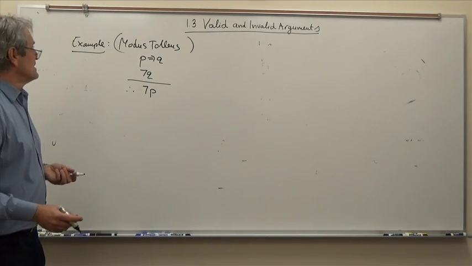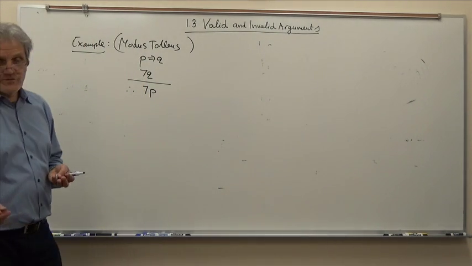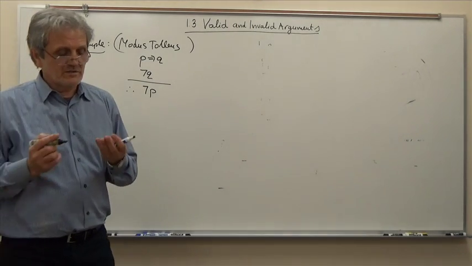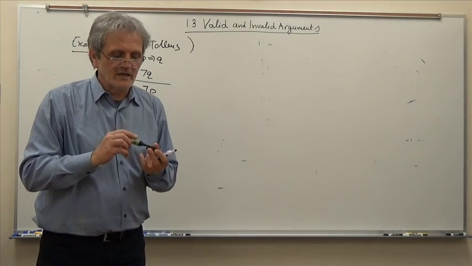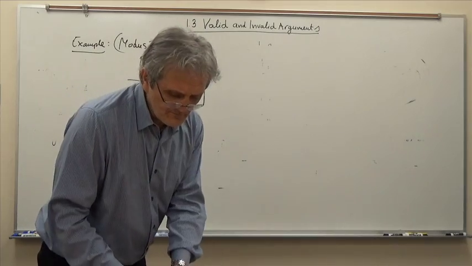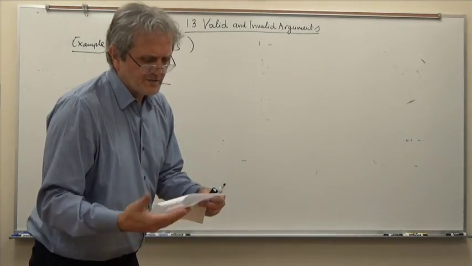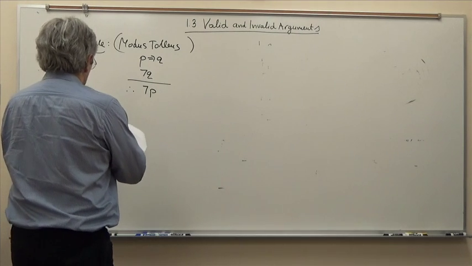So this is another very famous rule of inference, and as I said, I'm not going to make a table, but if you make a table you can easily justify why it is true. Let's make something a little bit more substantial. Here's another example.